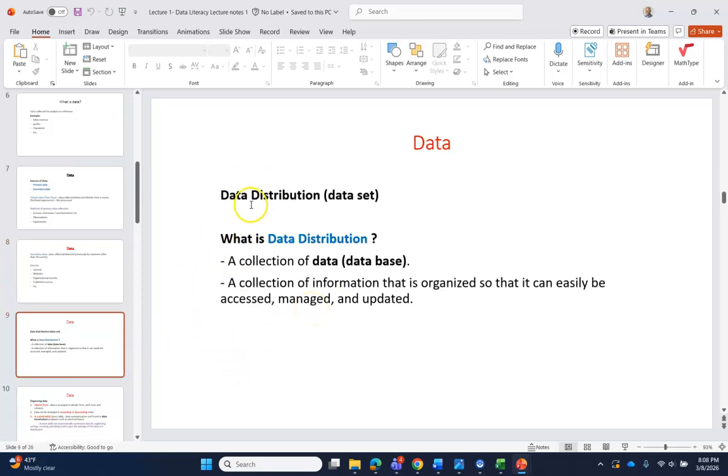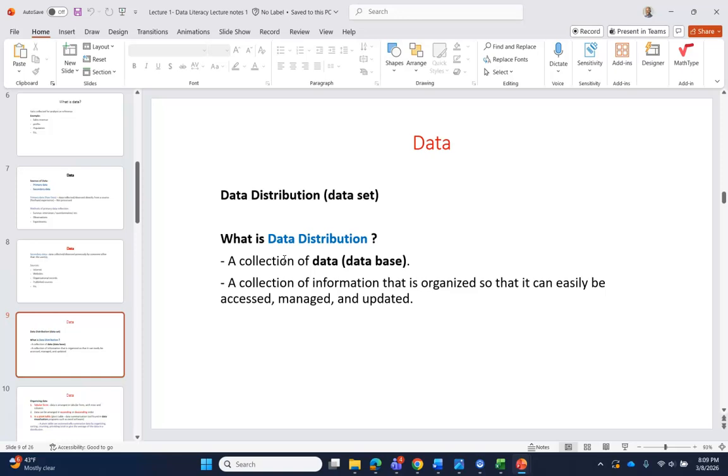Then we talked about data distribution, or the data set. What is data distribution? If we have a data set, we can try to find how that data is distributed. We can say our data is distributed according to gender, or according to income.